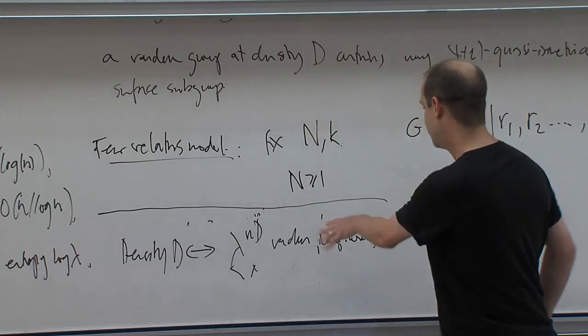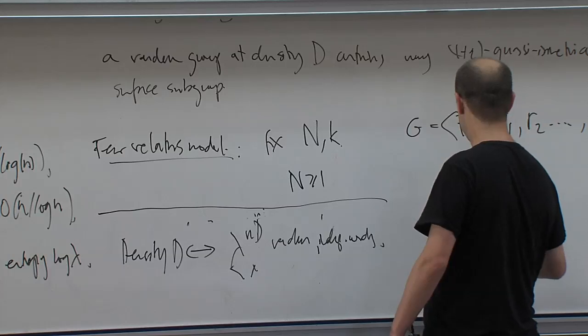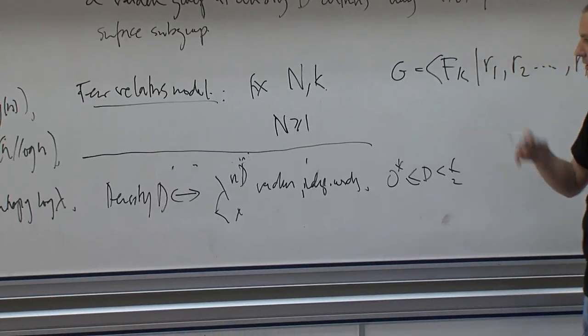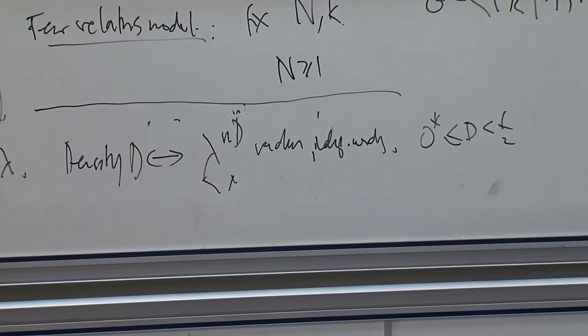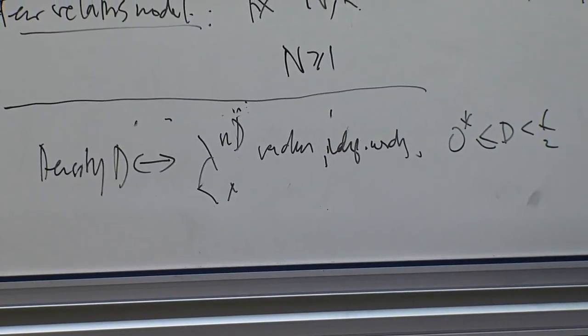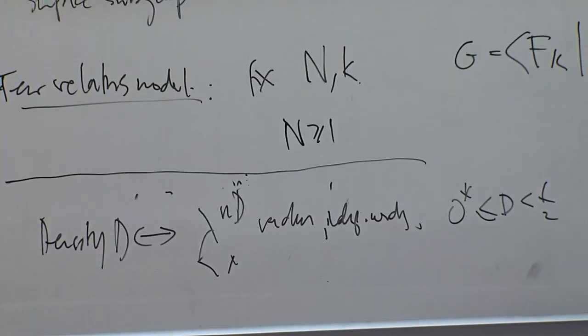And then, again, for d less than half, bigger than 0, you're going to contain surface subgroups with the same sort of estimates. OK, so that's the statement of the theorem.